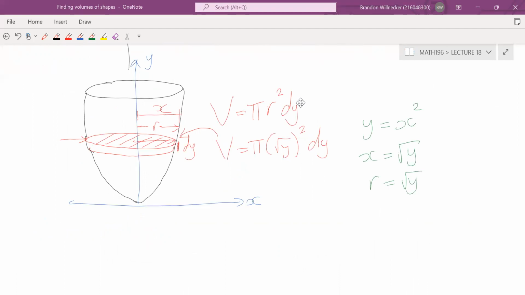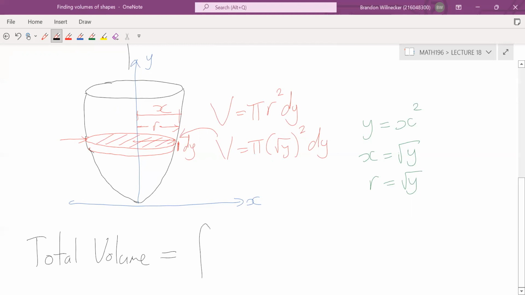So instead of a sum, we're going to take the limits of the sum, because the layers are getting really, really small, like the rectangles got really, really small. So the sum becomes an integral. So the total volume will be equal to, it won't be a sum, it will be the limit of a sum, but that's just an integral.